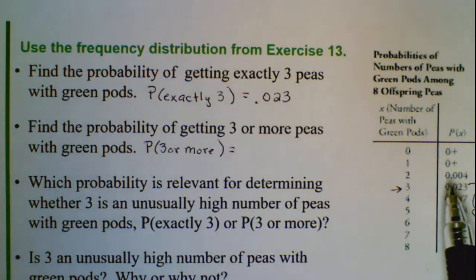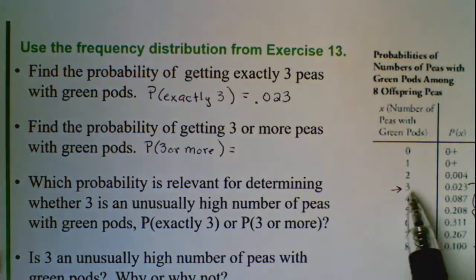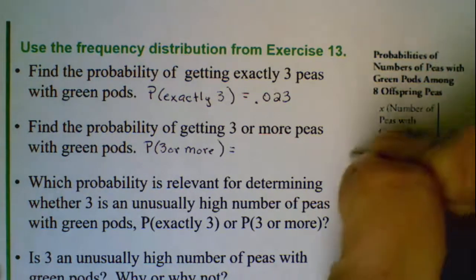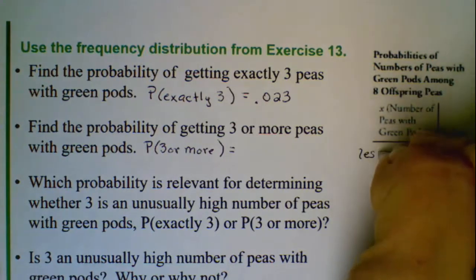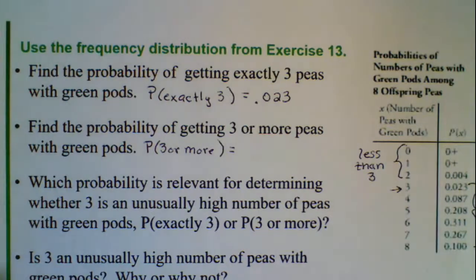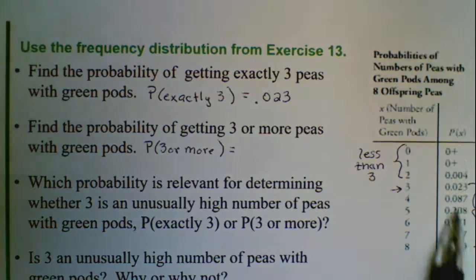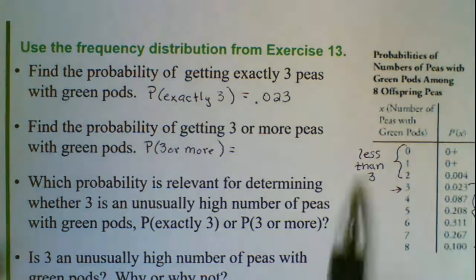I'd have to grab my calculator, enter them all, or I can think about what I learned in chapter 4. The probability of 3 or more is the complement of less than 3. So instead of adding up these 6 numbers, I could just add these 3 numbers and subtract them from 1.